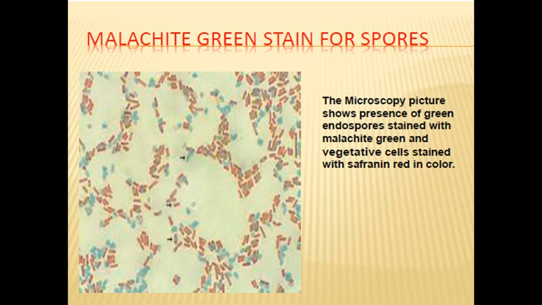In this way we can categorize the bacteria into two groups: endosporic bacteria and non-endosporic bacteria. That's why endospore staining again acts as a differential staining, because in this staining we use two types of stain, malachite green and safranin, and on the basis of this process we can distinguish whether the bacteria is endosporic or not.